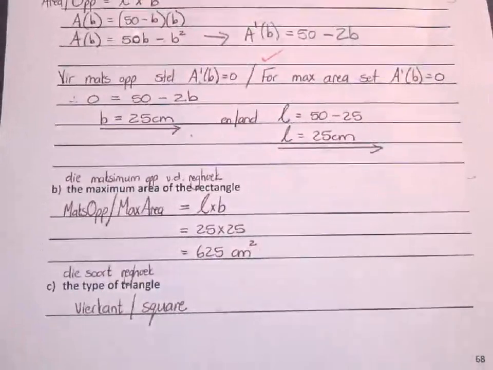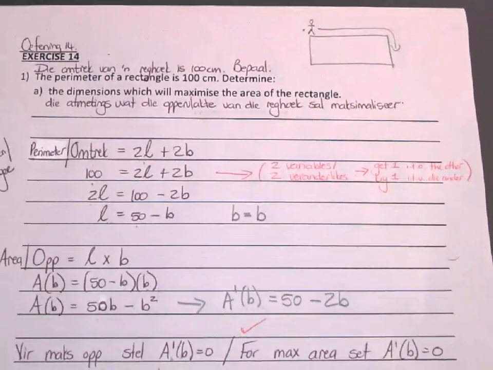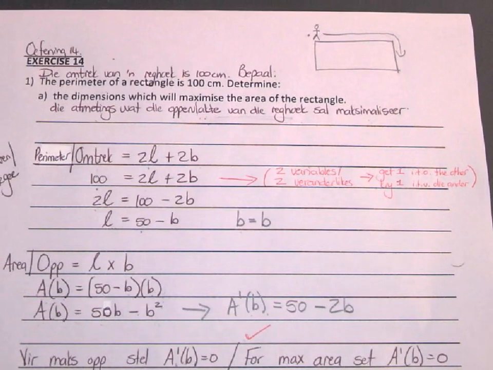What if I asked what is the minimum area of this rectangle? What would you have gotten for the minimum? Minimum area. Okay, think of the answer in question C.